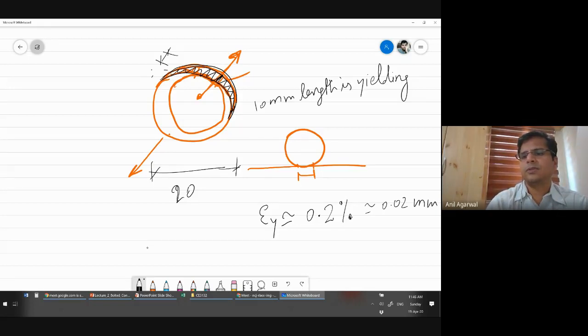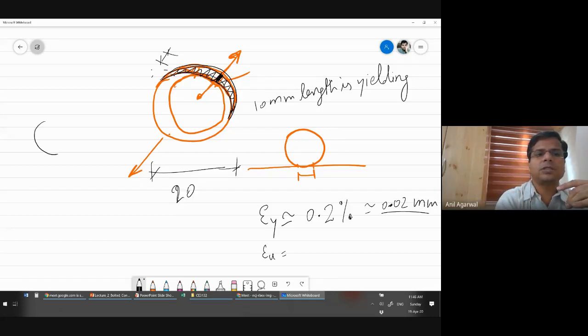That is a very, very small deformation for any real structural system, and then you are being overly cautious. However, if you allow it to go up to epsilon u, even then the entire 10 mm is not going to go to epsilon u. Only locally it will, because if you do any finite element analysis, you can easily see the stress level.